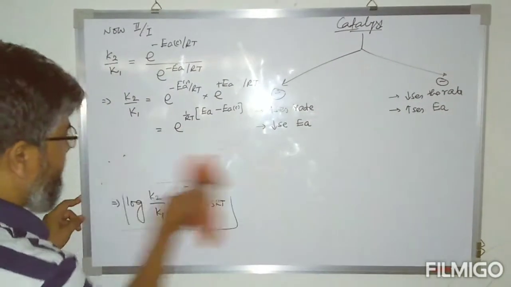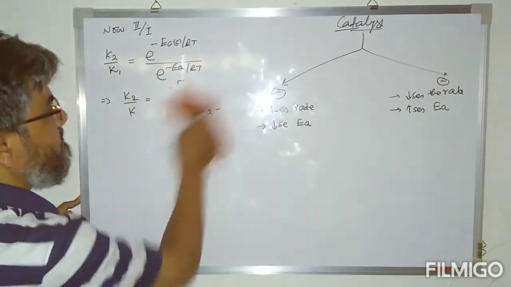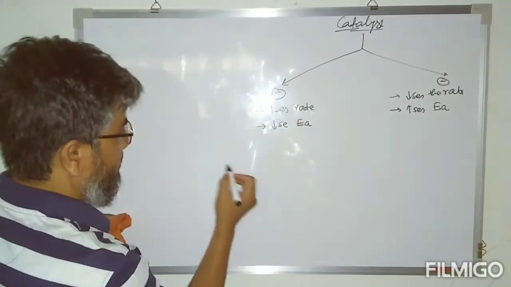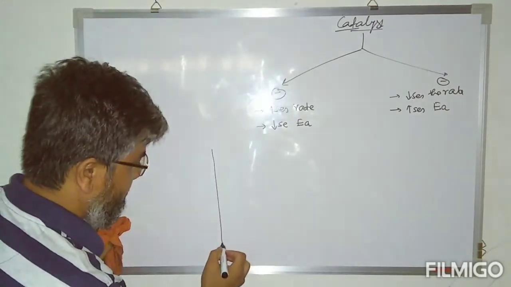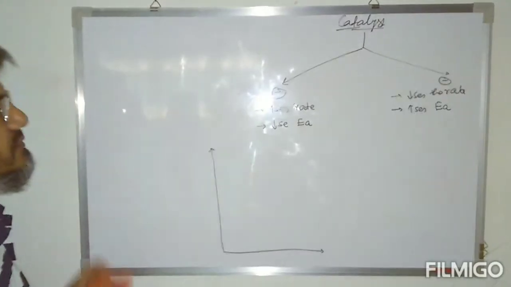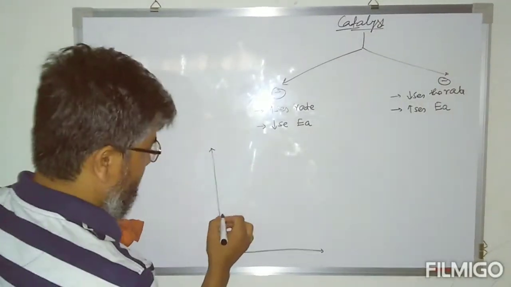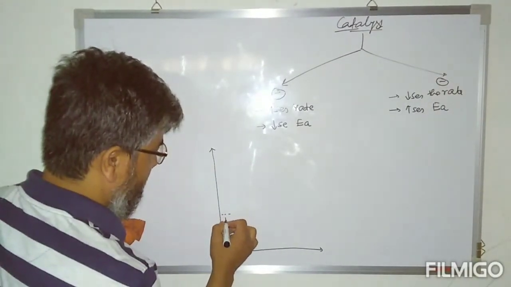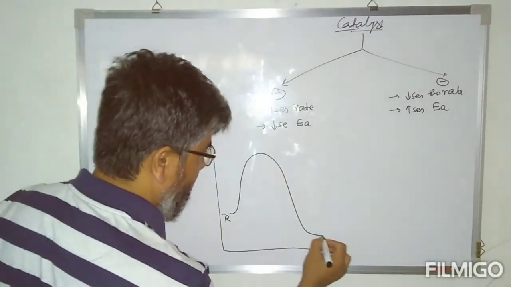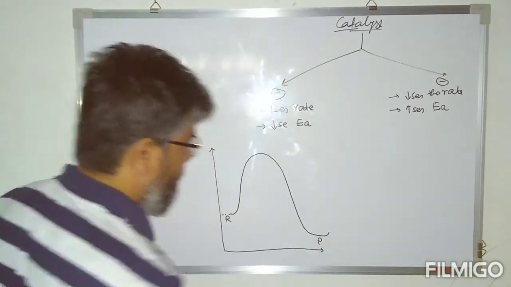So graphically, this can be represented as follows. In case of a positive catalyst, suppose this is the reaction and this is the product.